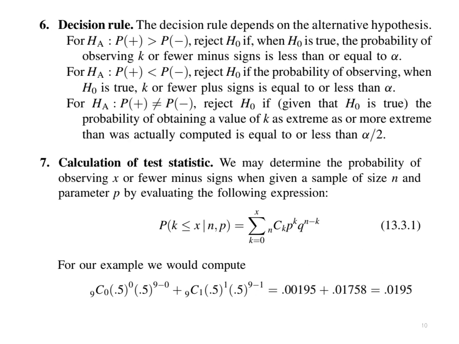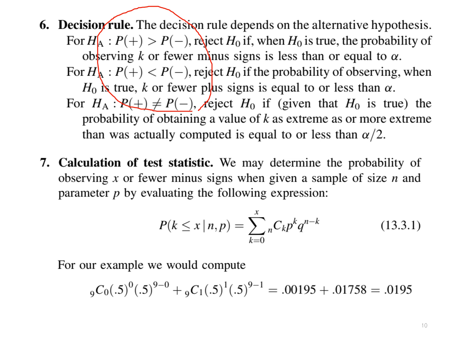Based on this, we have the decision rule. According to the alternative hypothesis, the positive probability and negative probability can be seen in three different ways. As you see here, all three are different alternative hypotheses.